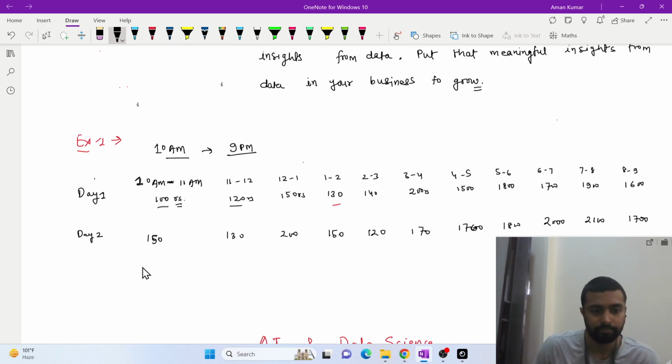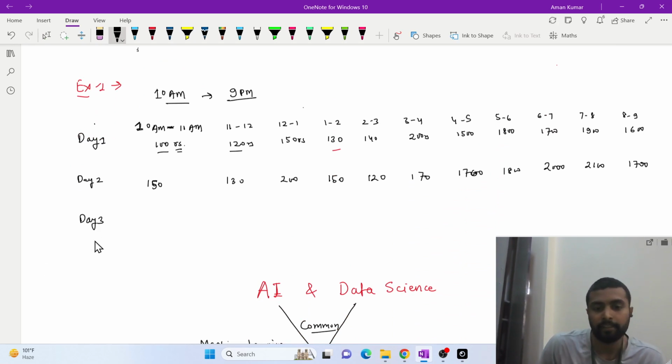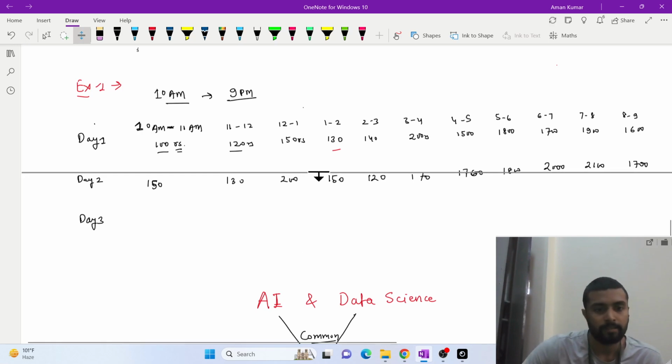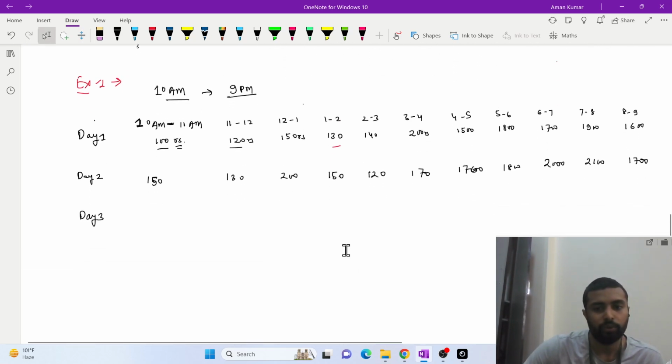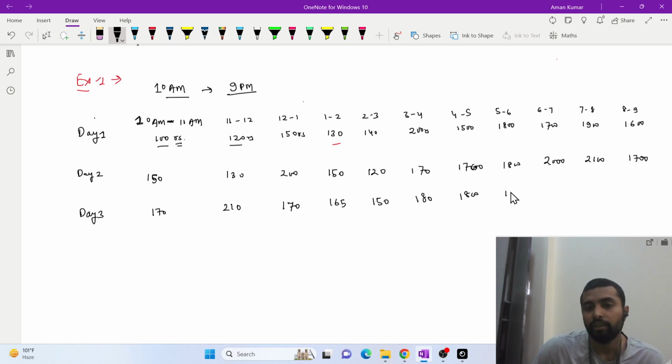Clear? Now day 3 came. On day 3, from 10 to 11 a.m. you get a profit of 170. 11 to 12, 210. 12 to 1, 170. 1 to 2, 165. 2 to 3, 150. 3 to 4 you get 180. 4 to 5 you get 1800. 5 to 6 is 1450. 6 to 7 is 1700. 7 to 8 is 1900.